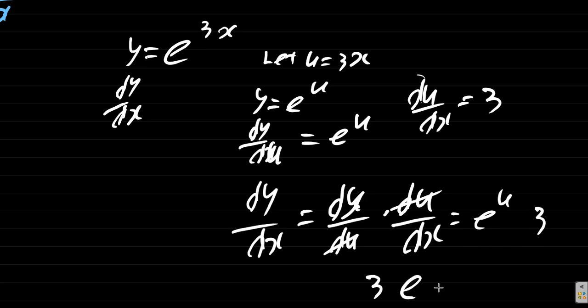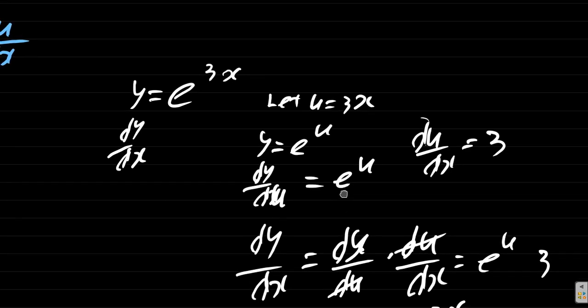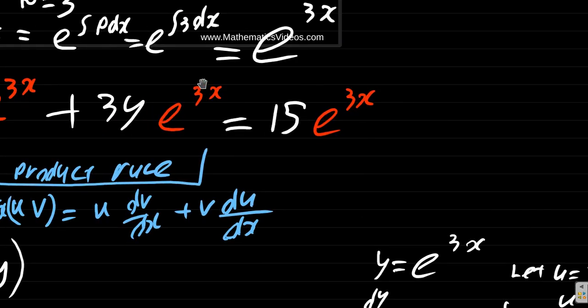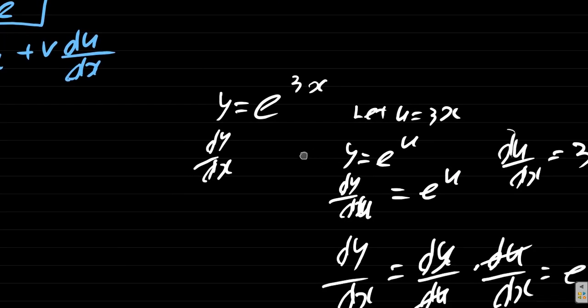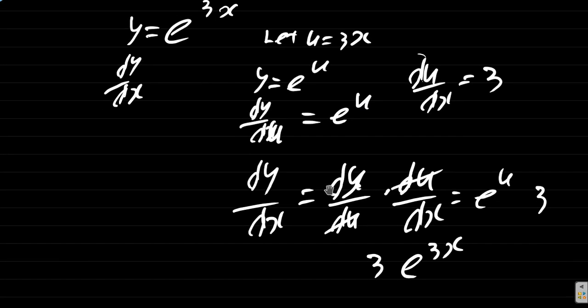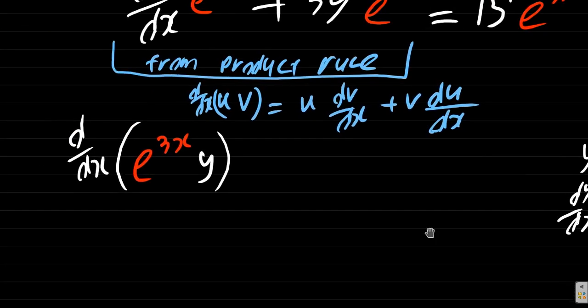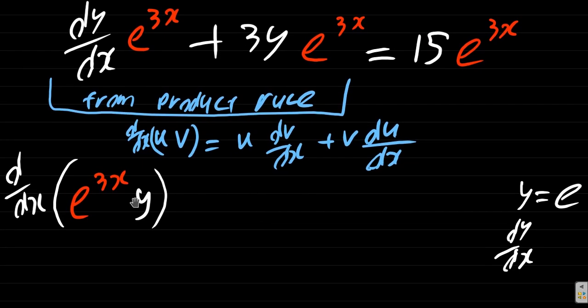So this is 3e to the u, but u is 3x. So it's 3e to the 3x, alright? So just a reminder of what happened here. You differentiate e to the 3x to get 3e to the 3x. Alright? So just a reminder of differentiation by substitution, which we call the chain rule. Alright? That's what happened. So back to this now. We found that this came from differentiating a product rule, and that product is this.